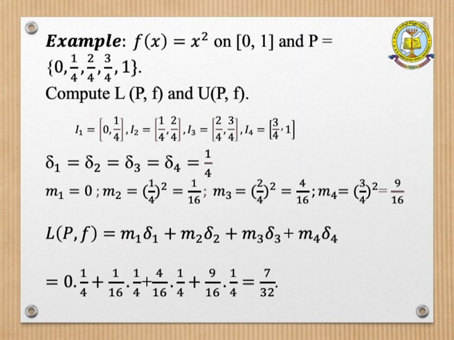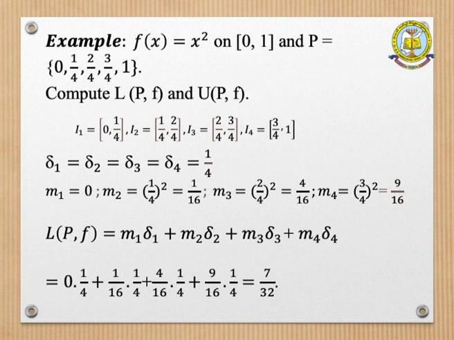Now, let us find the infimum and supremum of f of x. What is f of x here? x square. So, m1 is 0 square. What is the small m2? It is 1 by 4 whole square, m3 is 2 by 4 whole square, and m4 is 3 by 4 whole square. So, what is the minimum here?